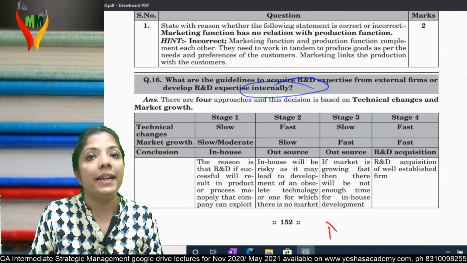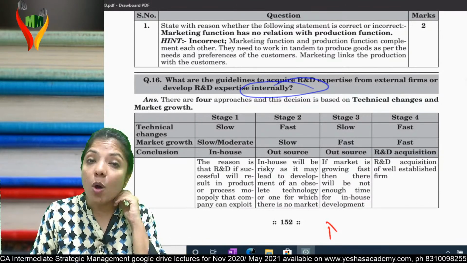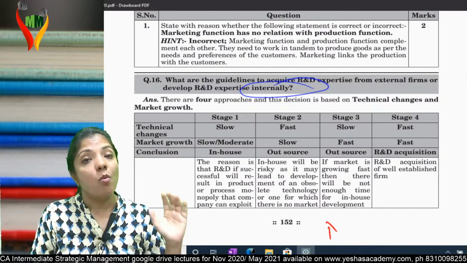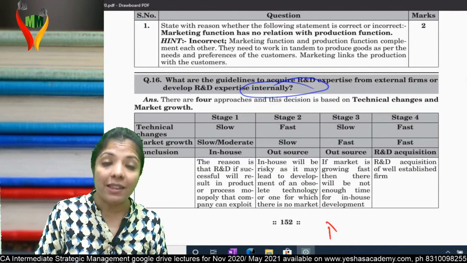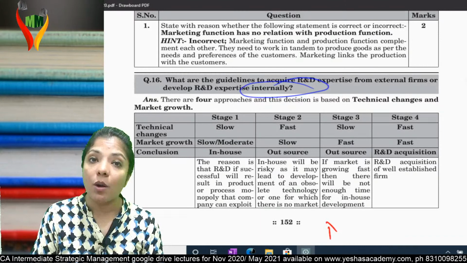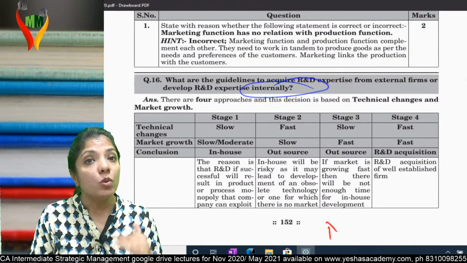So again, I have two options: either to do R&D in-house or to do outsource R&D. In-house R&D means I am doing trial and error, and one day I'll come with a technology, and with the help of the technology I'll launch a new product in the market. Am I clear? What is outsource?